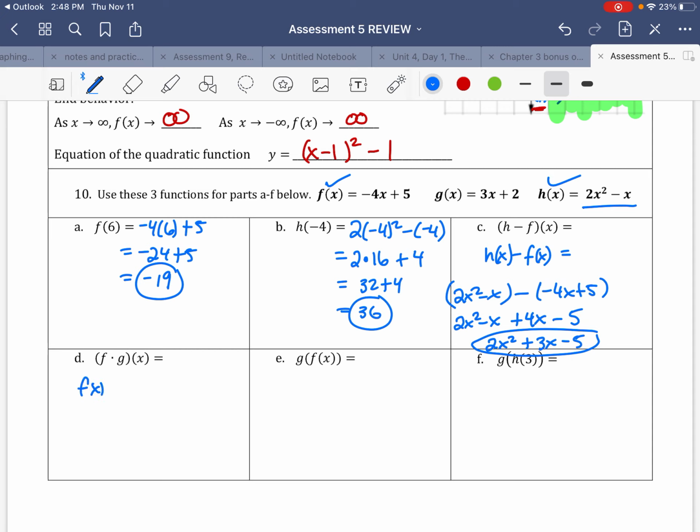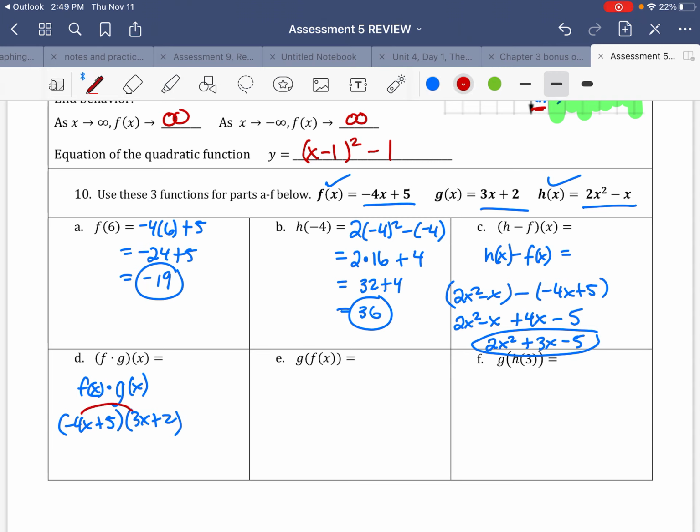Okay, letter D. So this just means f of x times g of x. So we are taking f of x, this guy, and multiplying it by g of x, this one. All right, so let's do it.